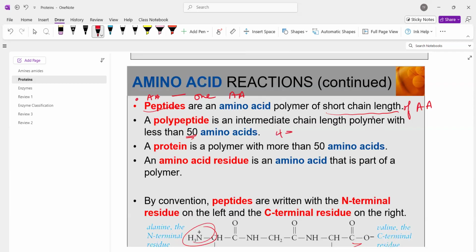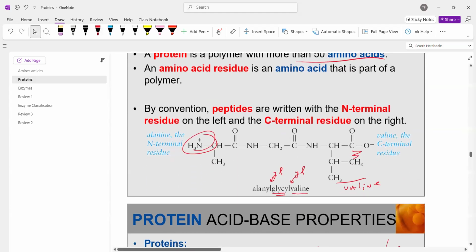Let's say 4 to 50. And a protein is more than 50 amino acids. Just like with carbs, we have monosaccharides, disaccharides, oligosaccharides, and polysaccharides. With proteins, we have amino acids, peptides, polypeptides, and proteins. We have 4 levels of protein chains as well.